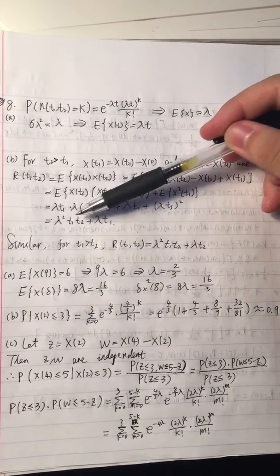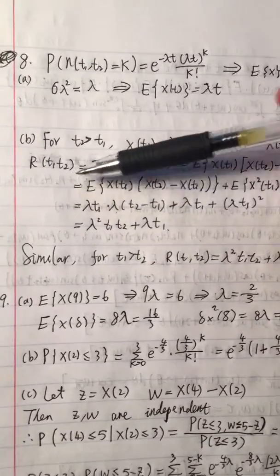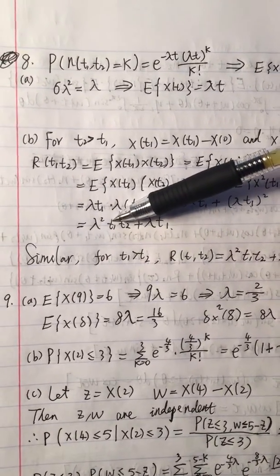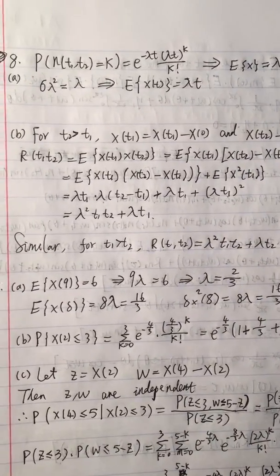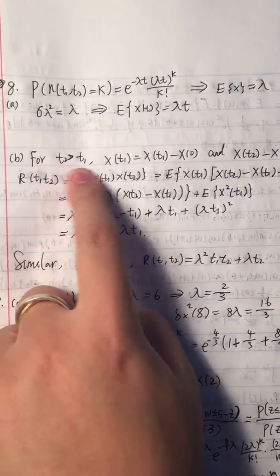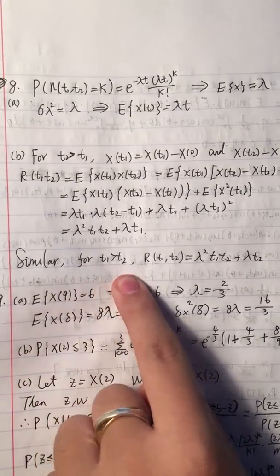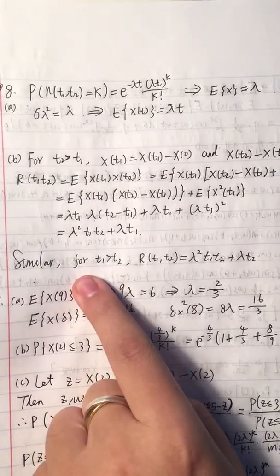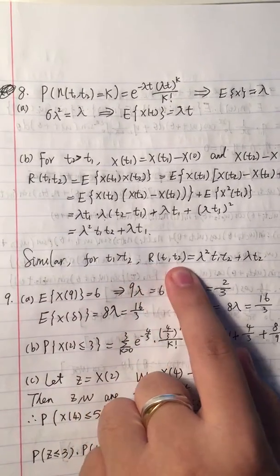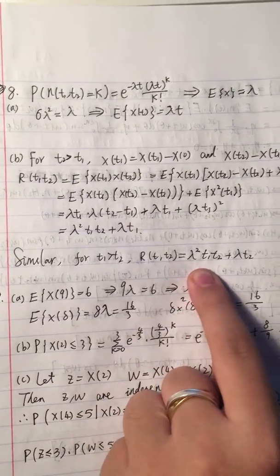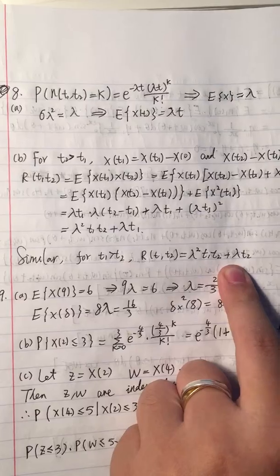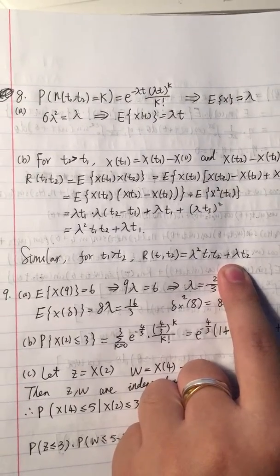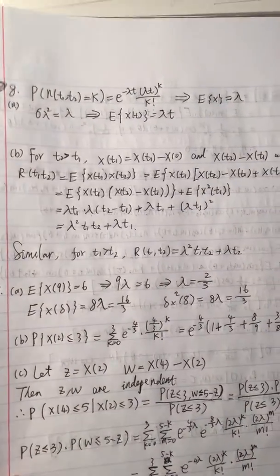After a calculation, we can easily define that R(t1, t2) is lambda squared times t1 t2 plus lambda t1. Similarly, for t1 more than t2, it is R(t1, t2), and it is lambda squared t1 t2 plus lambda t2. So that's all about this homework. Thanks.